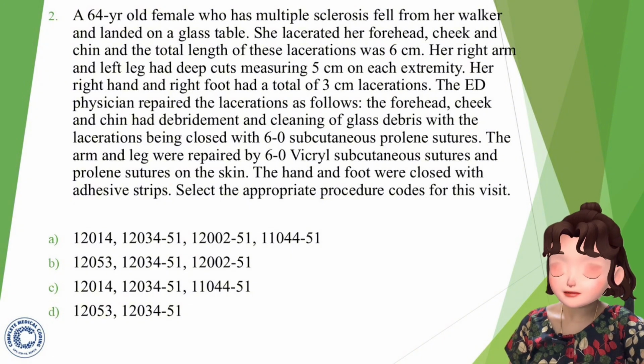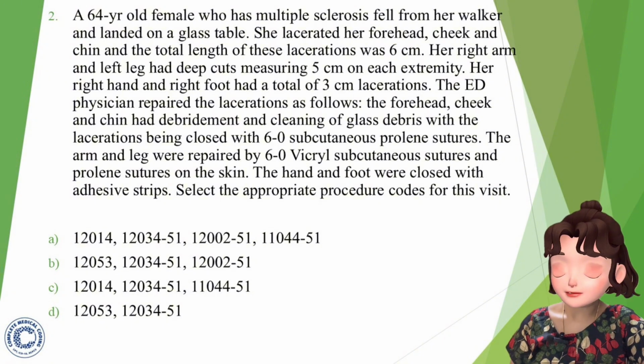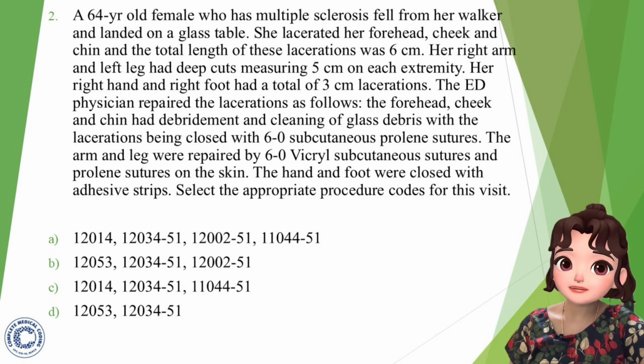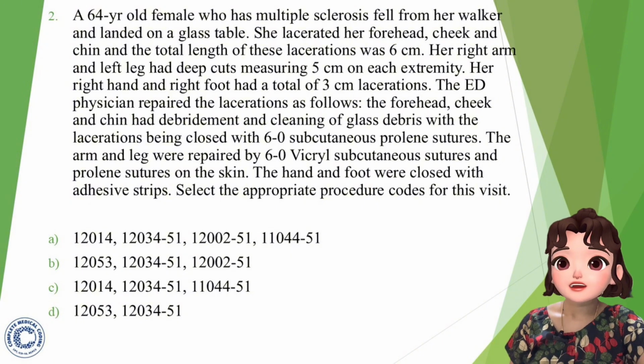So repair of intermediate wound of scalp, axillae, trunk or extremities, excluding hands and feet. So hands and feet are not included. This is extremities. Yes, it is mentioned on each extremity. So 12034 is 7.6 centimeter to 12.5 centimeter. Ours is 5 plus 5, 10 centimeter. So this will be our correct code for the second section, 12034. Now, what is 12002?